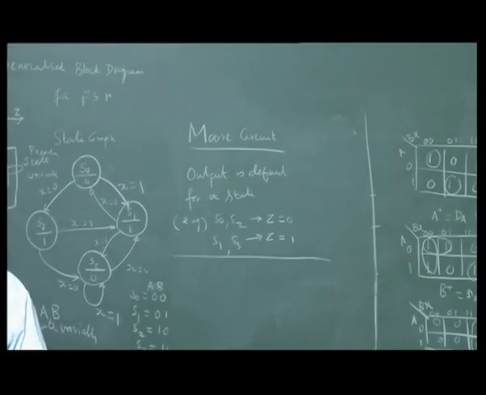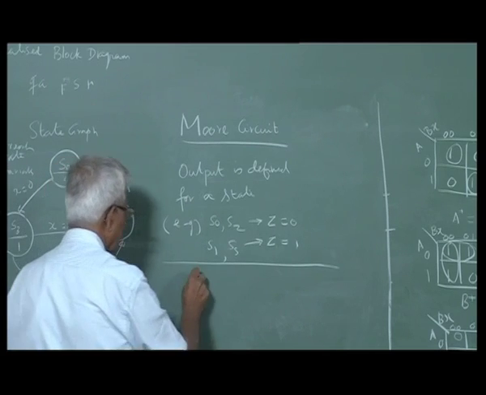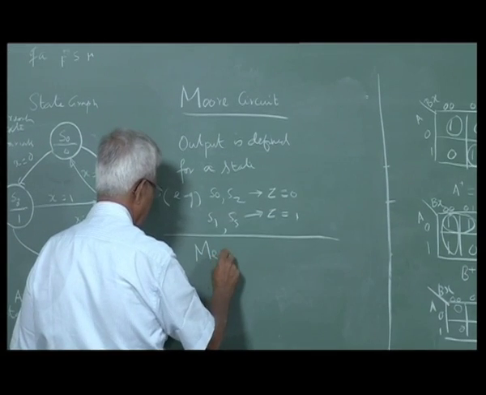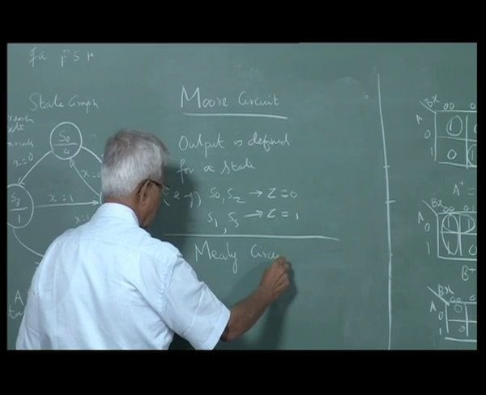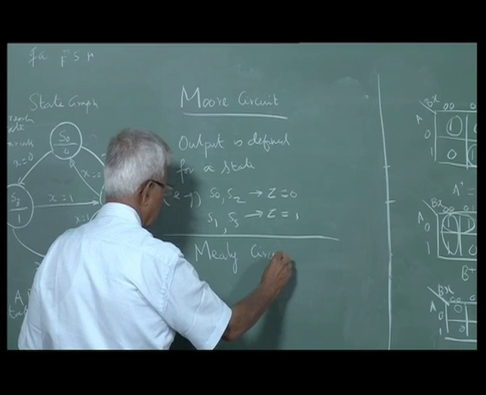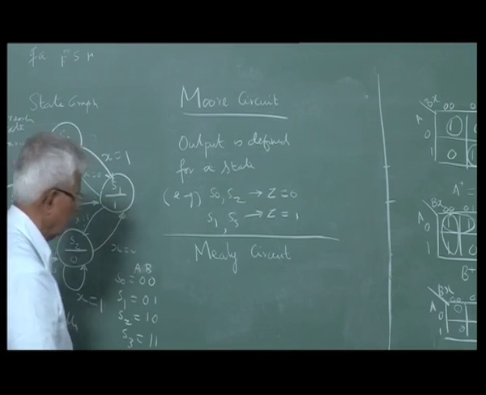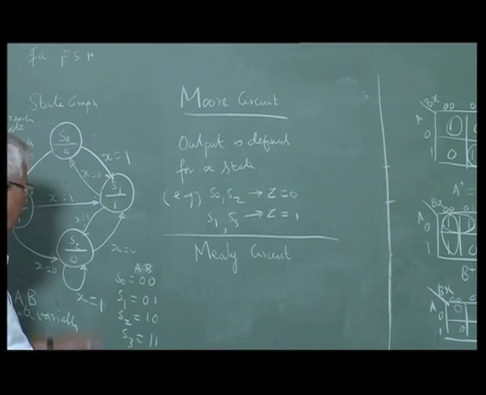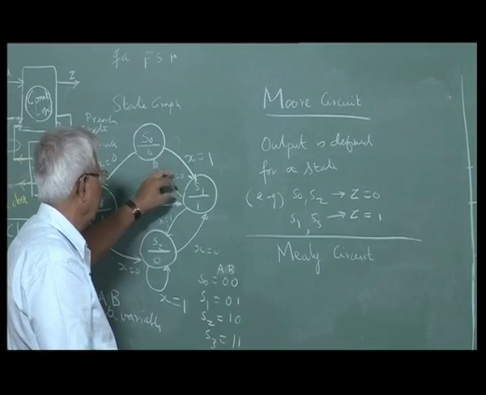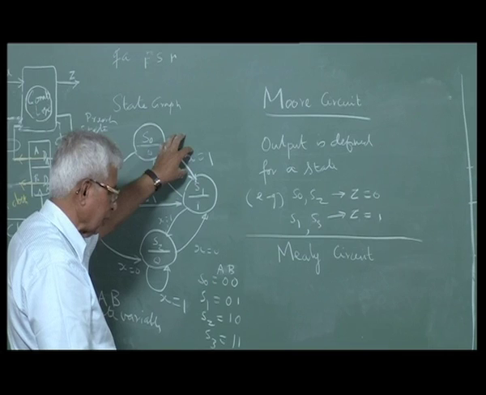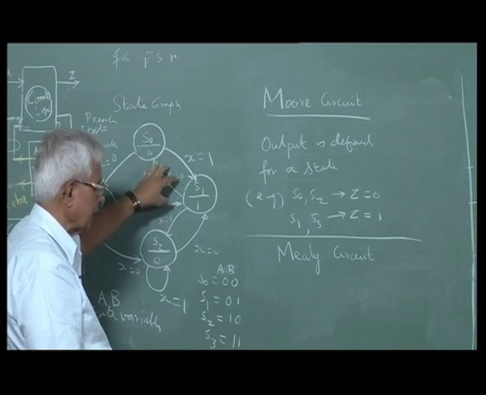There is another type of circuit called Mealy circuit. In a Mealy circuit, the output is not defined within the state, it depends on the arrows. For a present state, if the present input is this, the output is this. For this present state, if the input is this, the output is this.